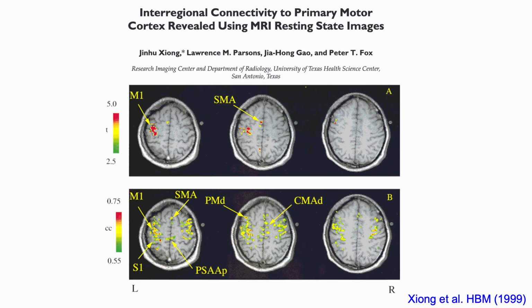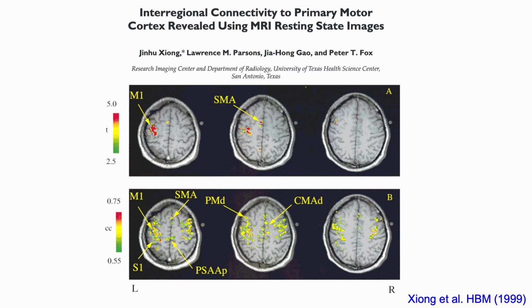In perhaps the first study where this was explicitly mentioned, in this paper by Jinhu Xiong and Peter Fox, they showed correlation with finger tapping, the first one, the top row being the task, and identified the primary motor and the supplementary motor region.